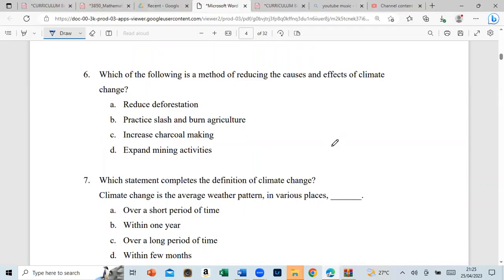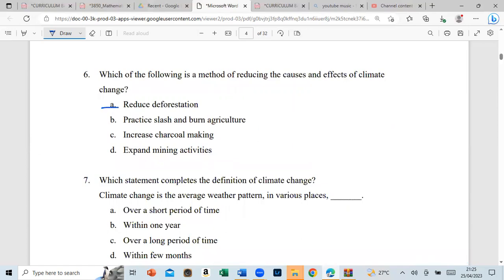Which of the following is a method of reducing the causing and effects of climate change? A, reduce deforestation. B, practice slash and burn agriculture. C, increase charcoal making. D, expand mining activities. And that's A, reduce deforestation.